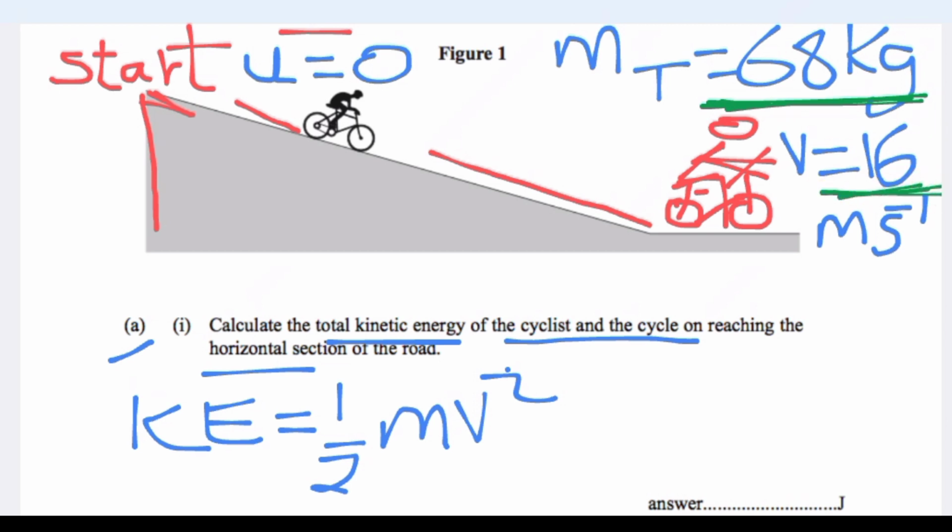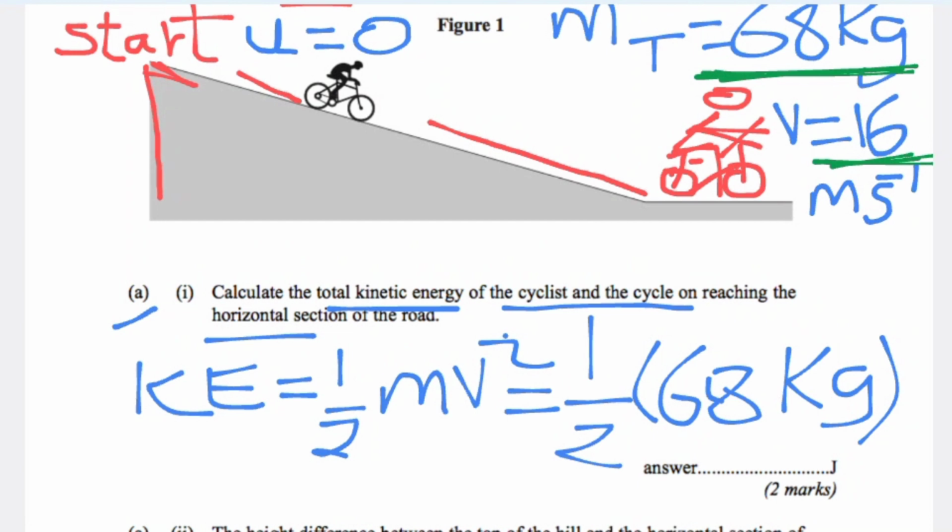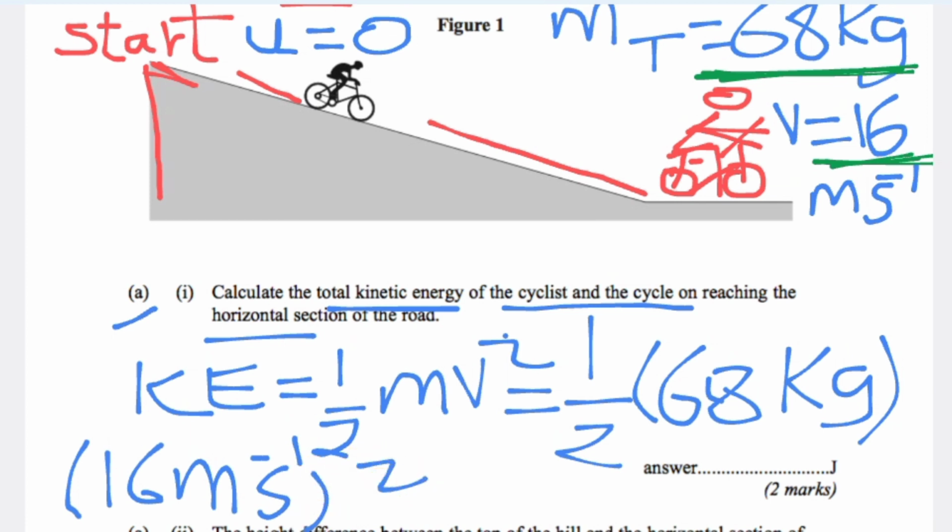All right. So which is equal to 1 over 2, the combined mass is 68 kilograms, right? And the velocity squared, now we need to square 16 meters per second, right?